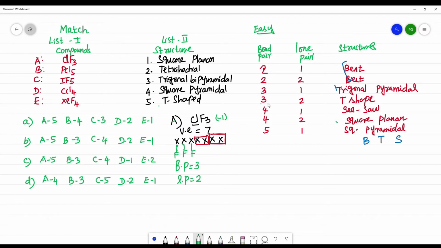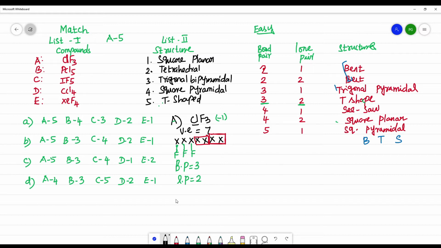Bond pair is 3 and lone pair is 2, what is the shape? It is T shape. Due to the lone pair repulsion, the shape changes to T shape. That means A is having T shape, so A can be matched to 5.